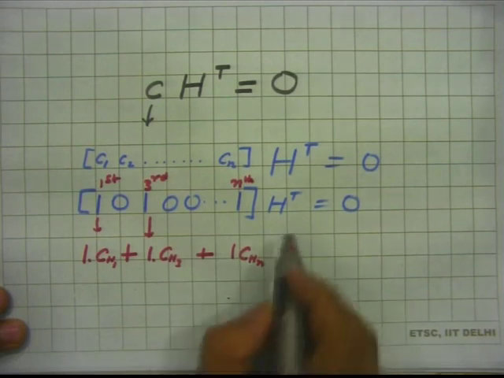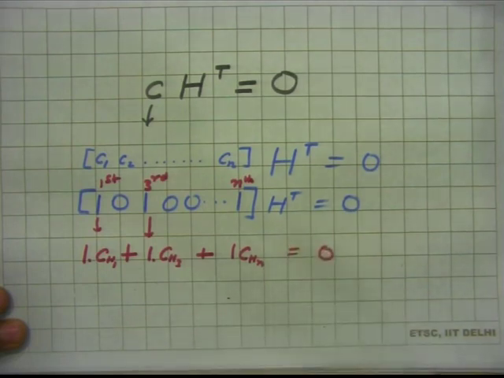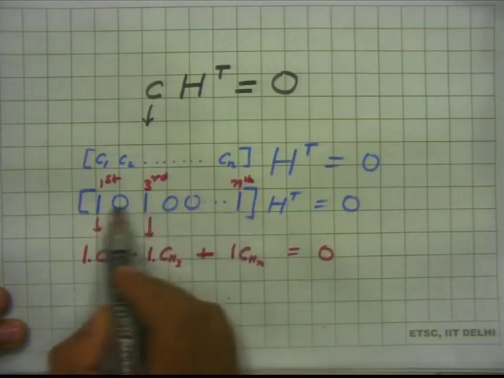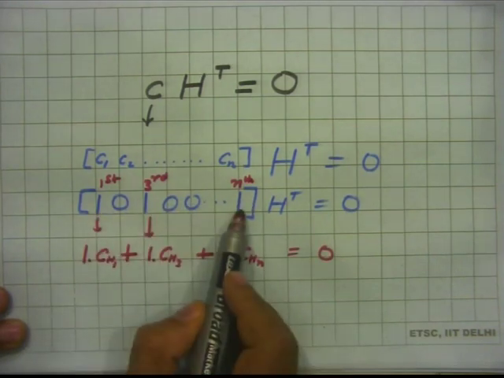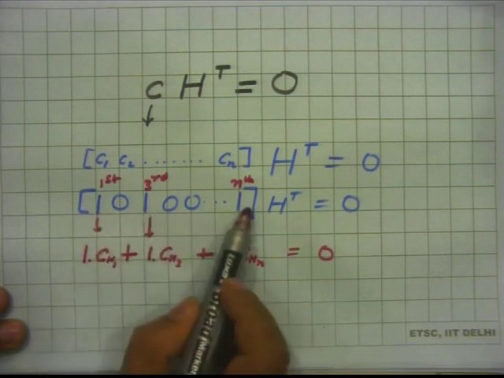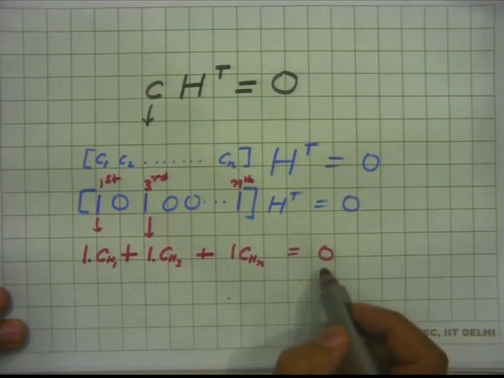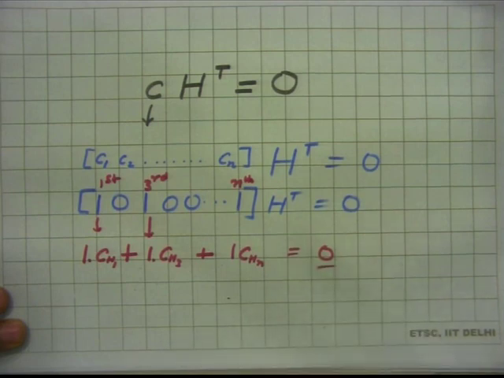Right, and that is 0. So, essentially the number of non-zero elements, in fact here in our binary case the number of ones, is picking up one column each, and that is adding up to the 0 vector.